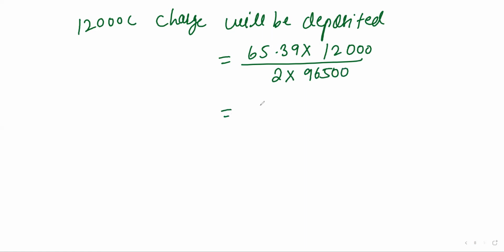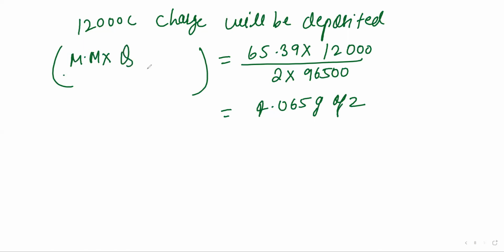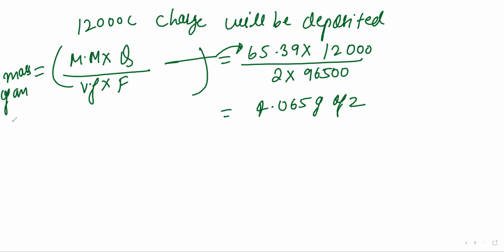So mass deposited is 4.065 gram of zinc, right? So here we use the formula: 65.39 is the molar mass and this is your Q charge divided by factor n F into Faraday constant. So after putting this value you will get the mass of an element.